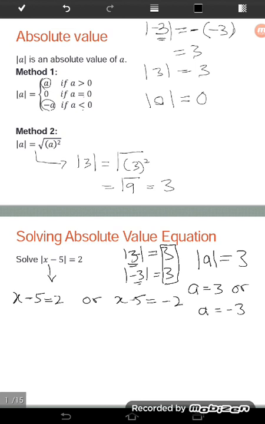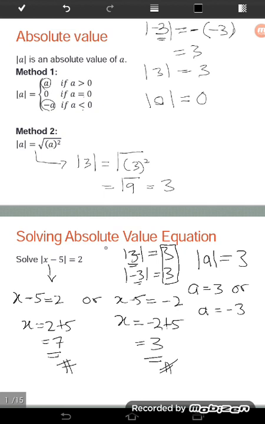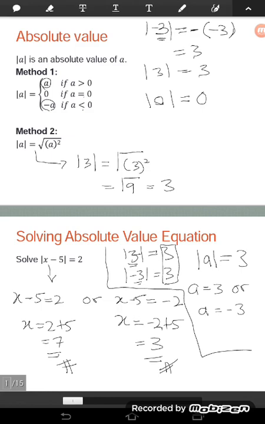Okay, so next solve for x. So you have x equal to 2 plus 5, which is equal to 7, and x equal to negative 2 plus 5, which is equal to 3. Okay, so jawapan dia ada 2. Okay, another example, contoh yang lain.